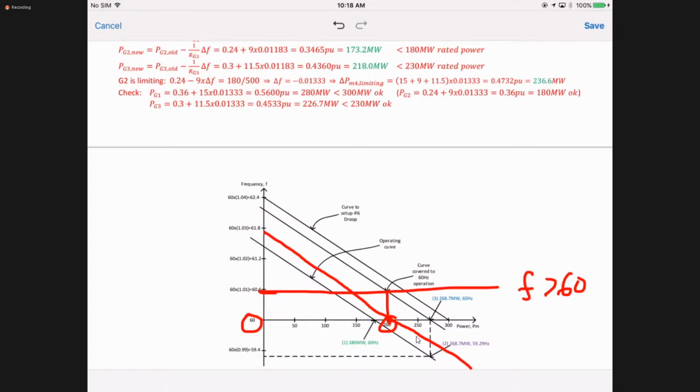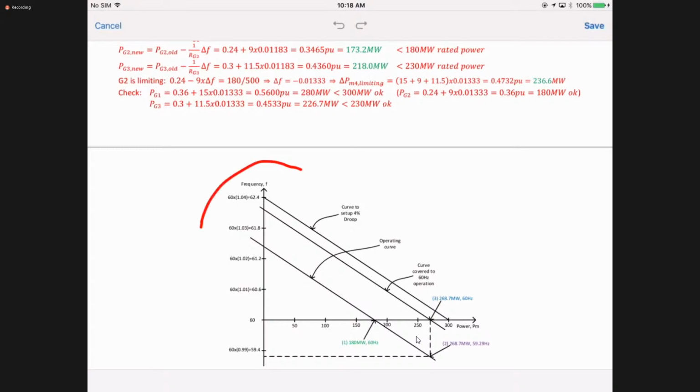And then when the power output is lower and the frequency increases, it will be adjusted back. So we adjust back only at discrete times, but the continuous adjustment is based on the curve, and the curve is according to the capability of each generator. So just try to make sure you can do this in your exam.